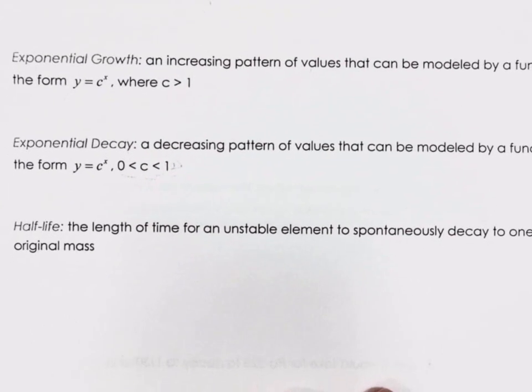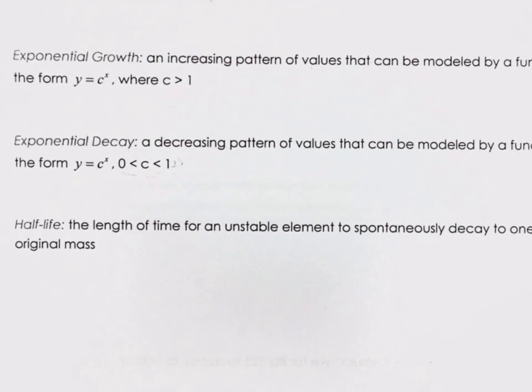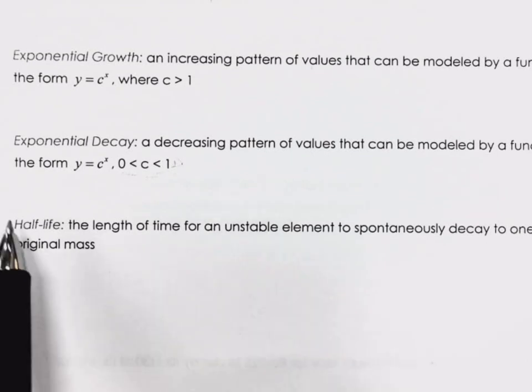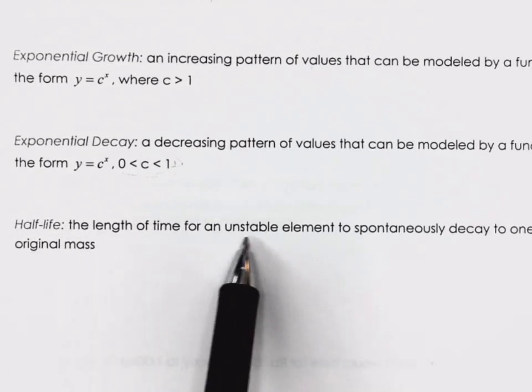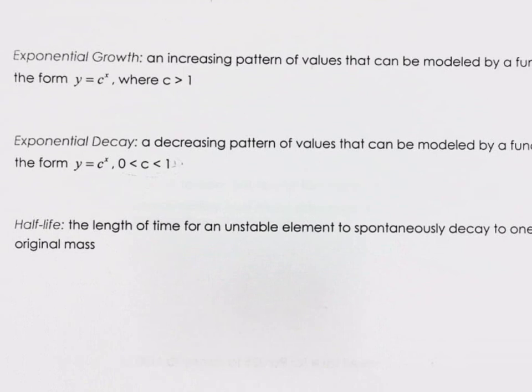So, okay, I have seen word problems referring to half-life. So it's important that you understand what half-life is. Mostly chem, the half-life is the time for something that's unstable, like an unstable element, to spontaneously decay to 1/2 of the original mass.